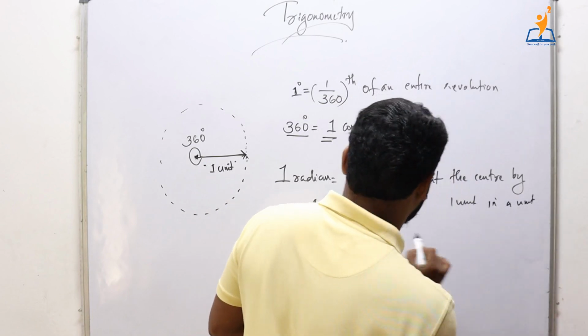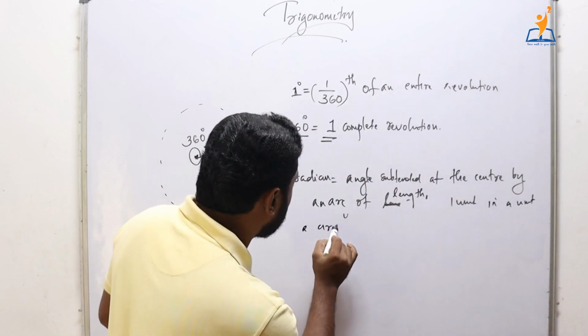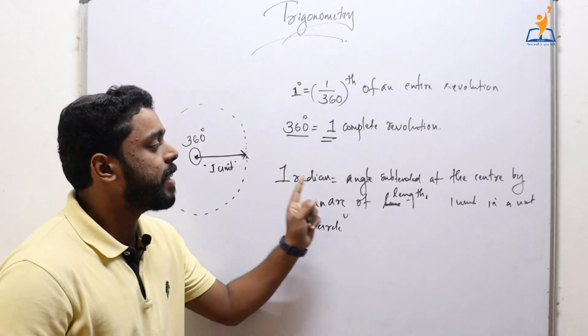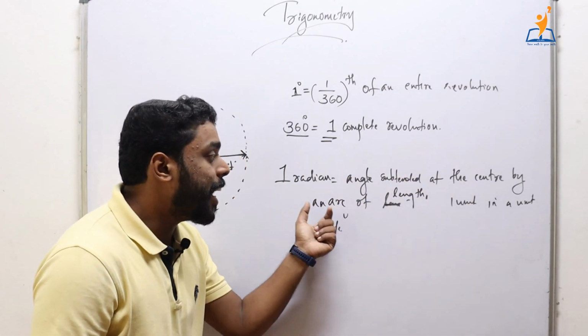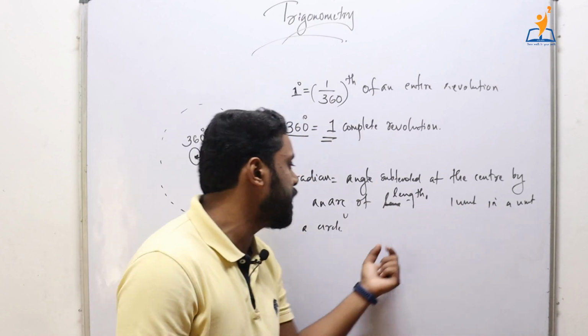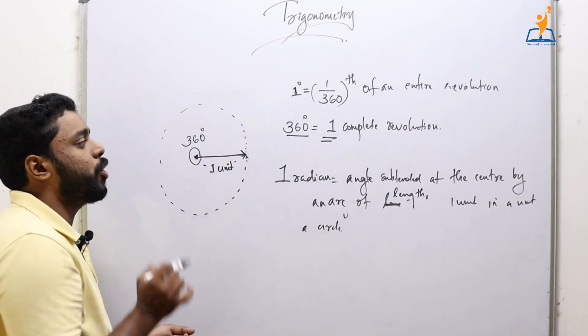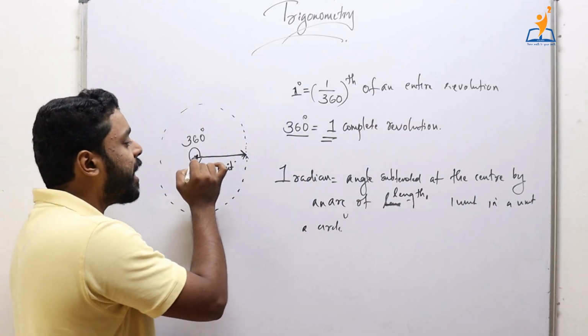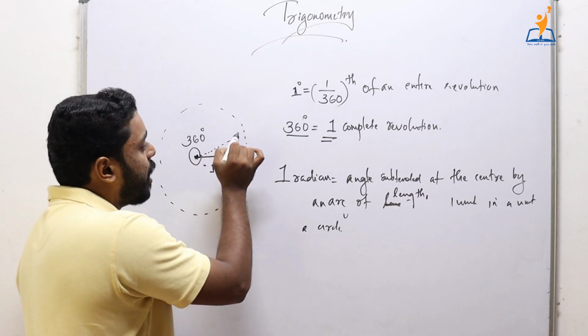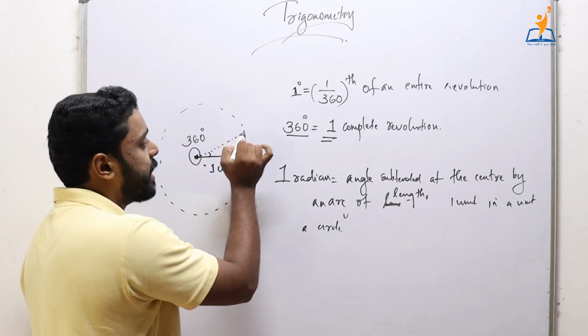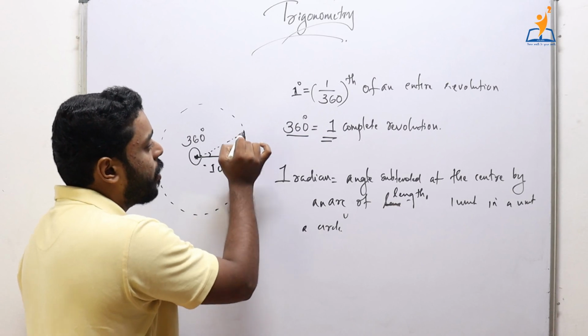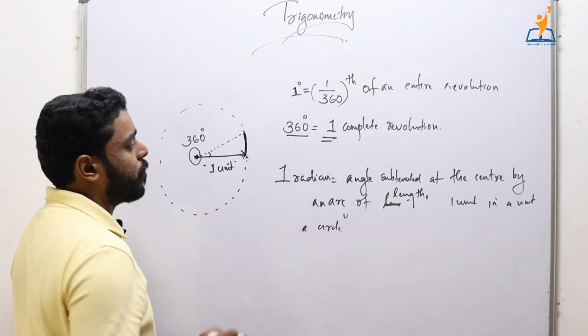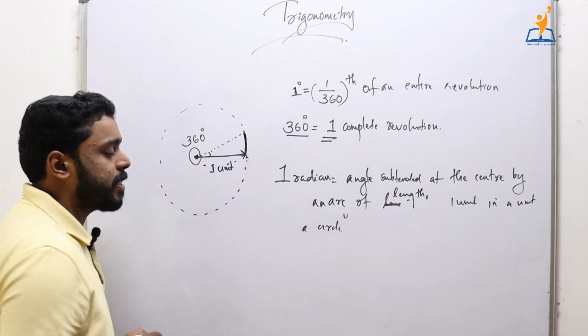That is the exact definition, in a unit circle. So we defined 1 radian as the angle subtended at the center by an arc of length 1 in a unit circle. See, here we obtained a unit circle. So 1 radian is nothing but the angle subtended at the center by an arc of length 1 unit. Suppose that this is the arc of length 1 unit, then 1 radian is this. Okay.